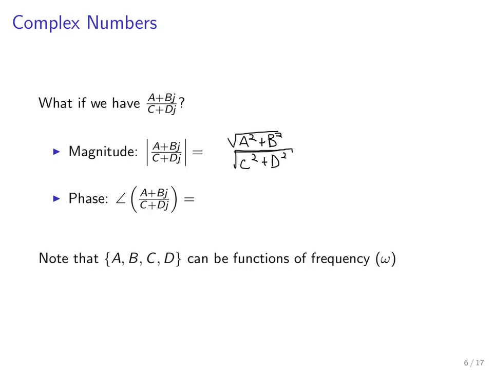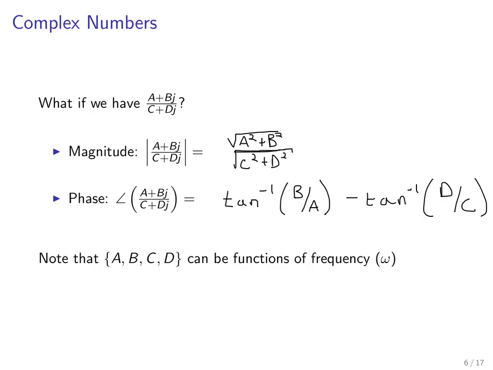The phase is a little bit funnier, because the phase of the ratio is given by the difference of their phases: the inverse tangent of b over a, minus the inverse tangent of d over c. So in both cases, it's the imaginary part divided by the real part, and then we take the arctangent of that, and if you have a ratio of two numbers, then you subtract the phase of the one in the denominator.